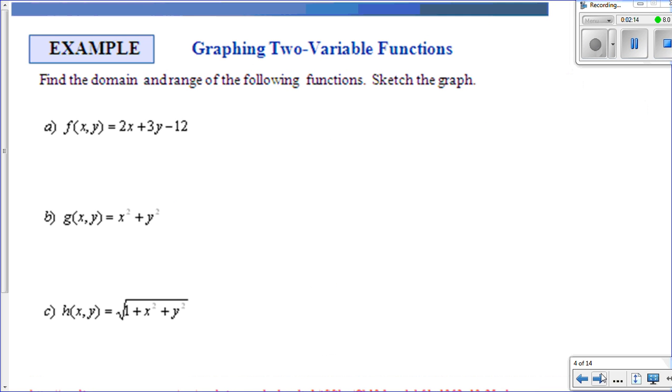So let's find the domain and range of each of these functions and then sketch the graph. First, this function, f(x, y) equals 2x plus 3y minus 12. The domain is determined by figuring out which values for x and y can be put in so that we get a unique z value.